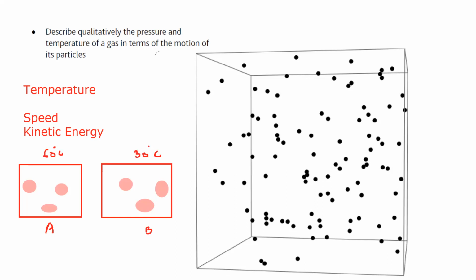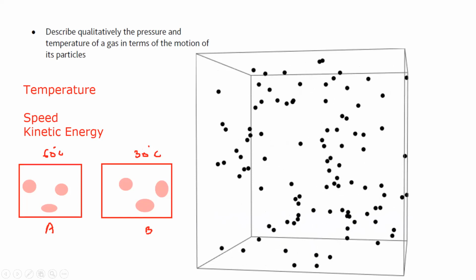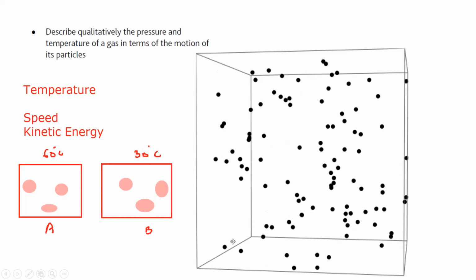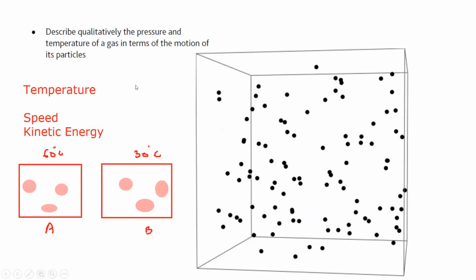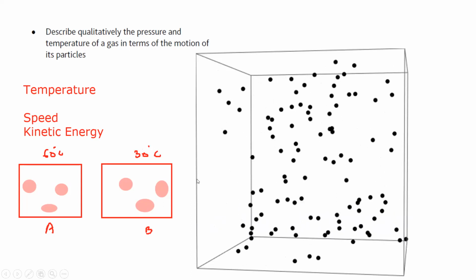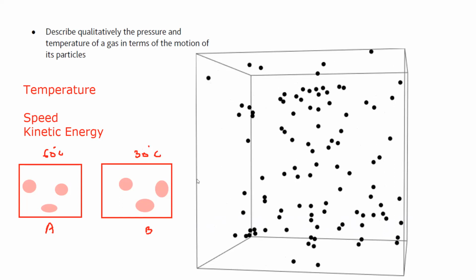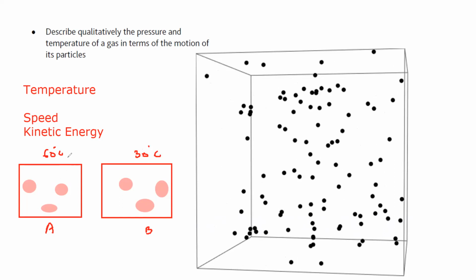In which container are the gas molecules moving faster? That is right. A is the correct answer because higher temperature means moving at a higher speed. As they are moving faster, the kinetic energy will increase.